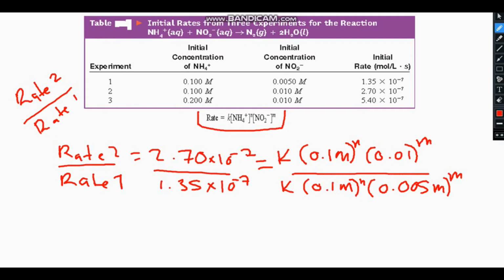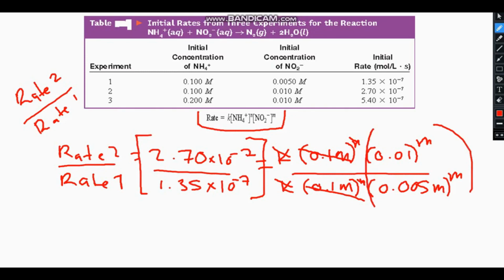So at this point, you can notice that some values can simplify here. So this k can go with this k. Then 0.1 M and 0.1 M can also simplify. So this simply means this n and this n will go. So we are simply remaining with these values here and the values this side.